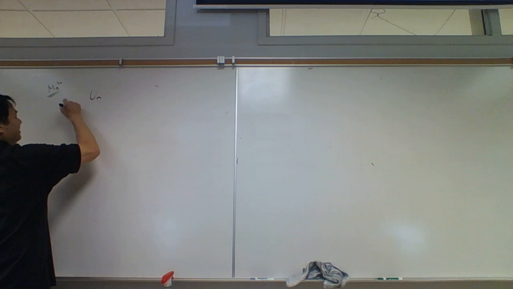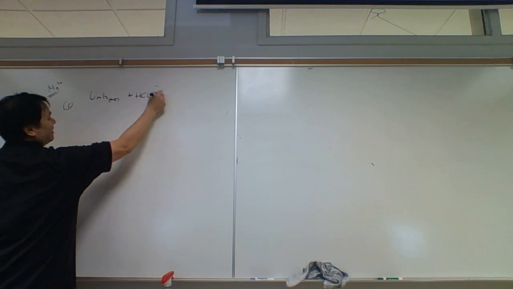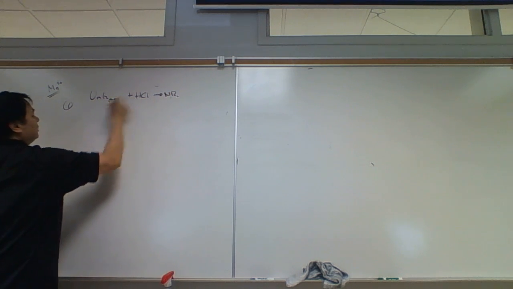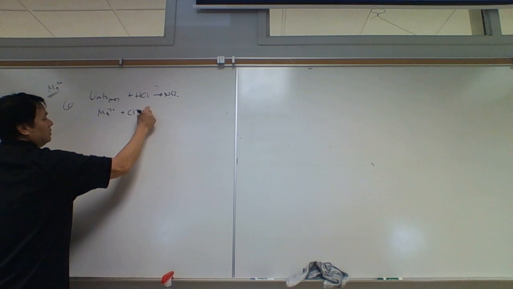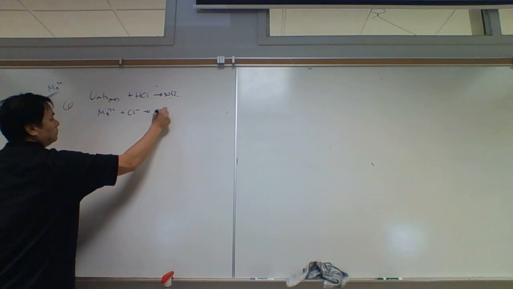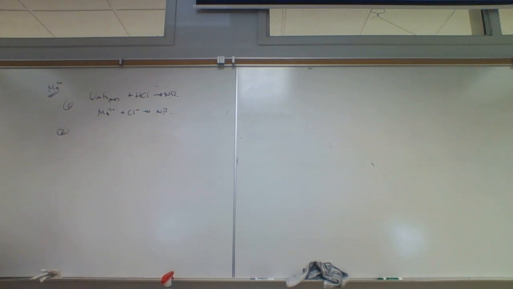Okay. If your unknown has magnesium in it and we add HCl, nothing's going to happen. No reaction here. Magnesium 2 plus and chloride don't react in the metathesis reaction.